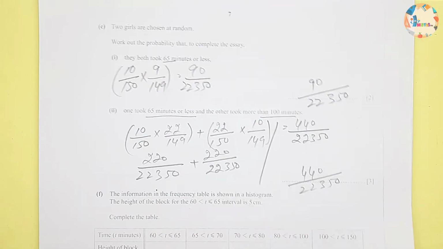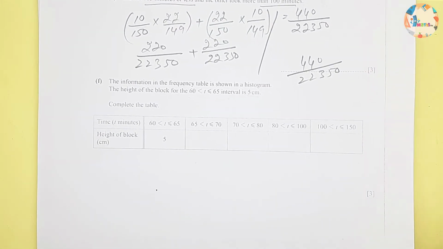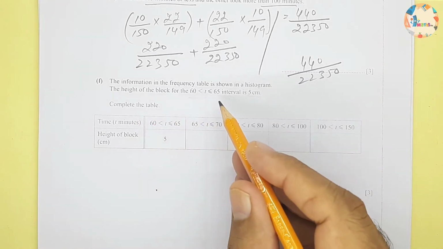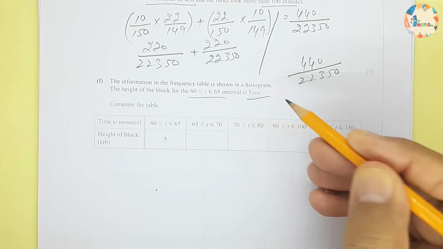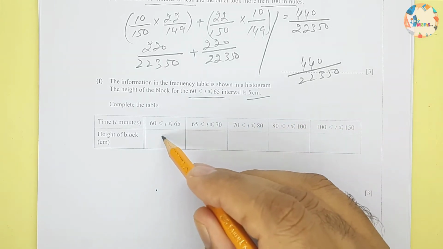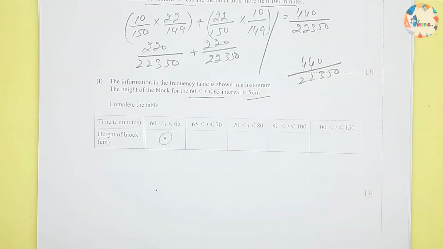F part: the information in the frequency table is shown in a histogram. The height of the block for the 60 to 65 interval is 5 centimeters. So this is given and we will be applying this, and we have to complete this table.